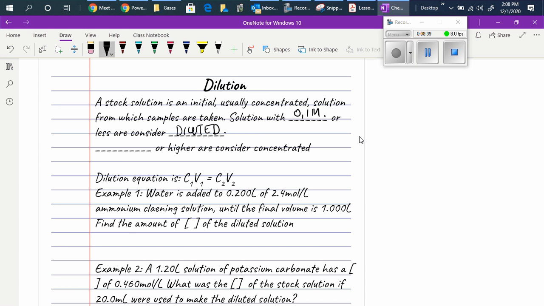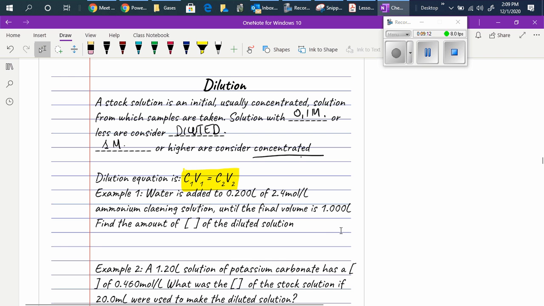And if they have a molarity of 1 or higher, they are considered to be concentrated. The equation for the dilution is C1V1 equals C2V2, where C1 is the concentration of the initial, V1 is the volume of the initial, C2 is the concentration of the final, and V2 is the volume of the final.